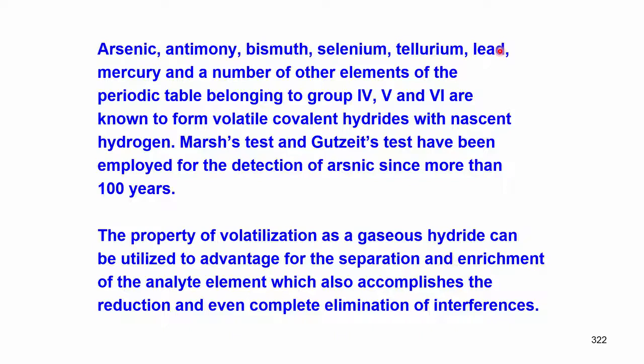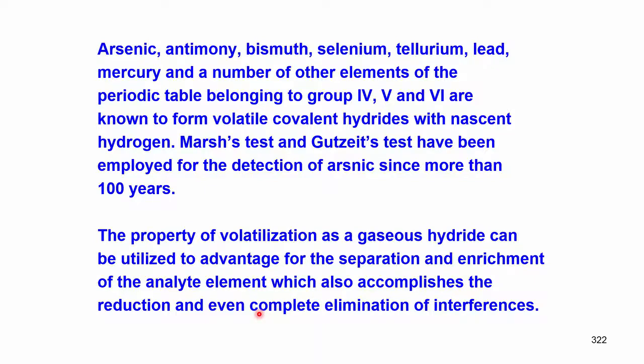We want to determine arsenic in the environment, arsenic in the food, arsenic in the soil, arsenic in the metals, arsenic in water, so many other places. Same thing is true with respect to selenium. It is also one of the most carcinogenic elements we know, and tellurium and lead and mercury, I do not have to teach you about the toxicity of these metals in the environment.